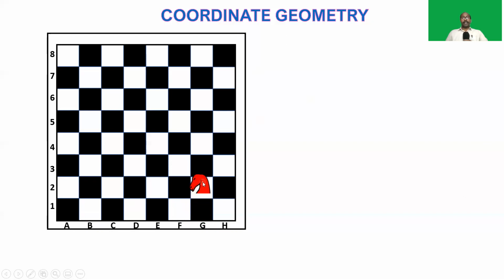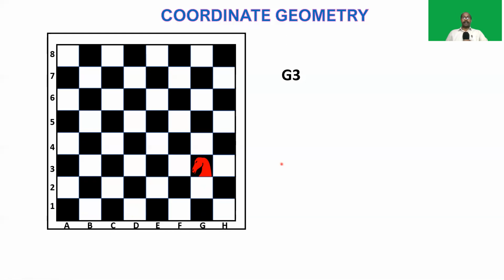Now, the knight is moving on. Now, the position of this knight is G3. Okay, horizontally G and vertically in the third row. So, the position of the knight is G3.